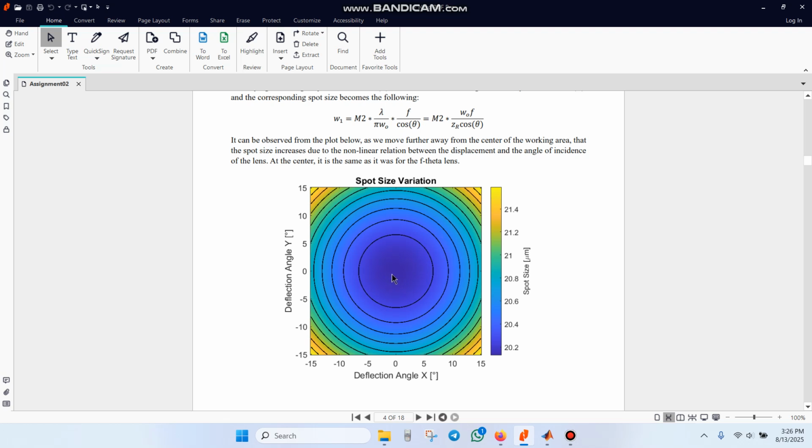In the center, the spot size is minimum, about 20.8 micrometer. But as we deflect our beam away from the center region of the working space, the spot size will tend to increase. On the four corner edges, it goes to about 21.4 micrometer and above.